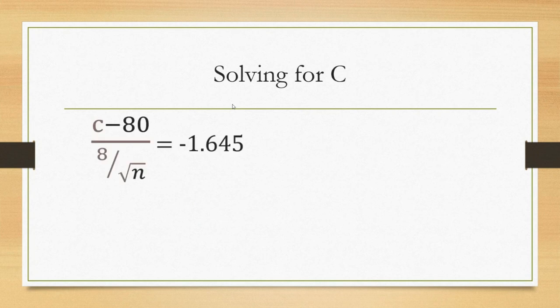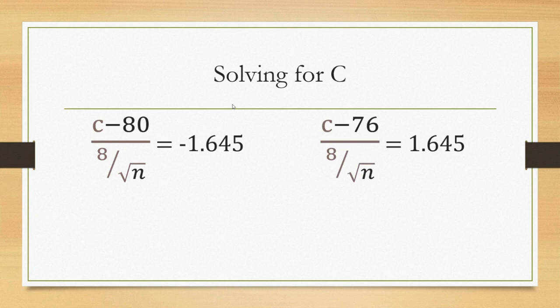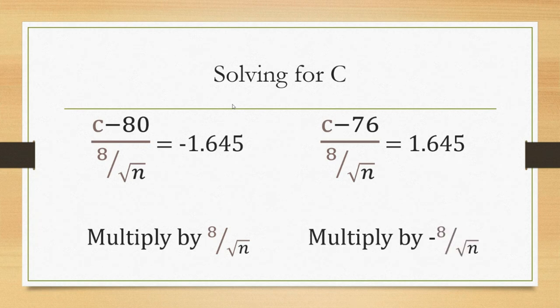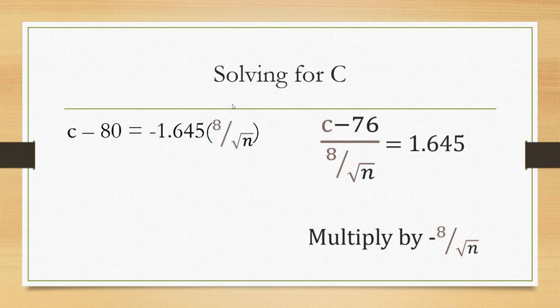Now, we're going to go ahead and solve for C. As we know from the formula before, we have this given formula for the left tail. And for the right tail, we have this. So what we're going to do to the left tail is multiply it by 8 divided by square root of n. And what we're going to do to the right tail is multiply it by negative 8 divided by square root of n. Doing so, for the left tail, it's going to change it to this.